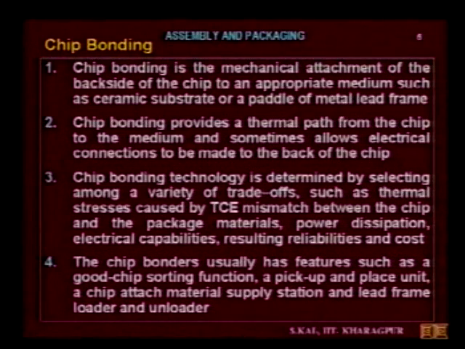So before coming to the assembly and package section, these chips are tested at wafer level, and there we sort the good chips, and the bad chips are marked using some inking technique, and those chips are not to be bonded or packaged. So our packaging machine must have a sorting unit which will sort the good ones and reject the bad ones.